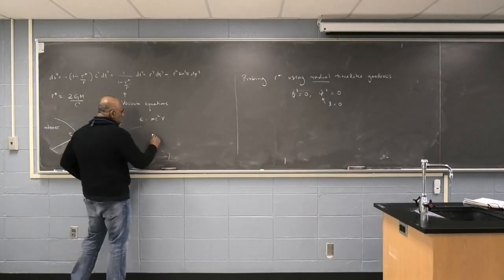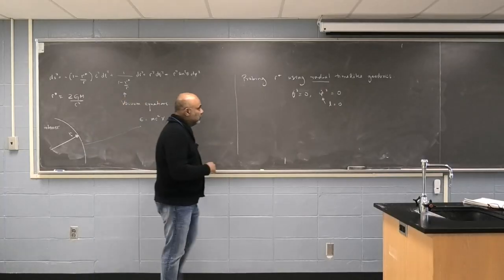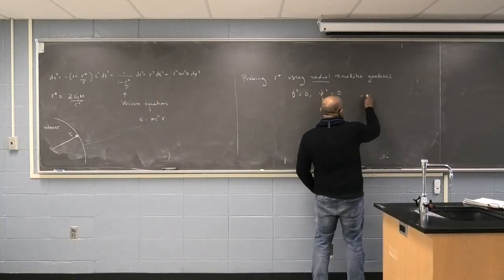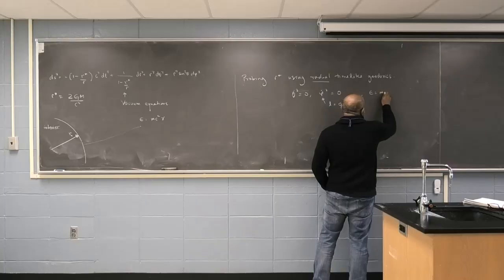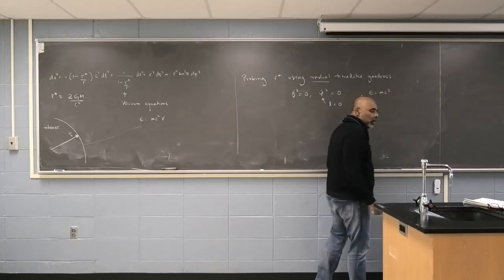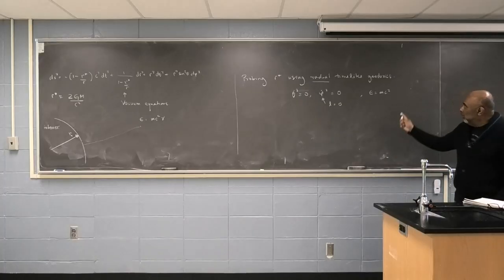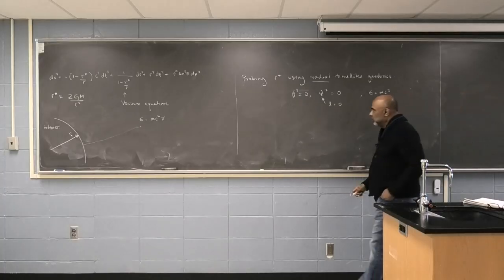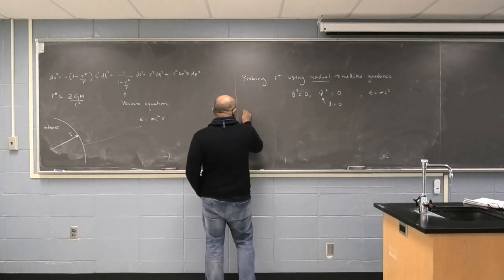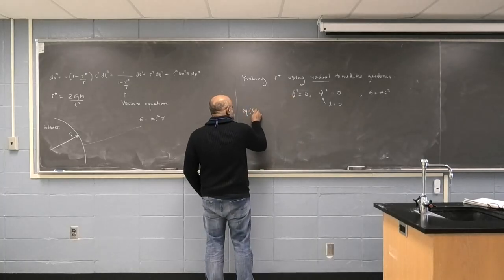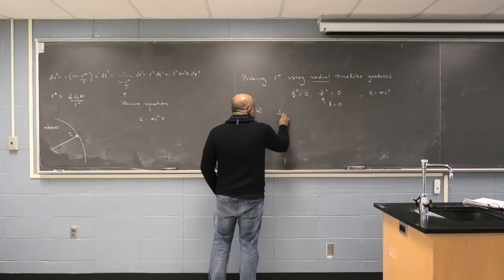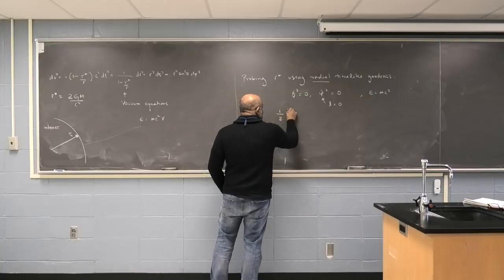So for this particular radial geodesic, I'm going to pick epsilon equals mc squared, gamma is 1. When you put all these conditions into equation 5.4, you will get this very simple equation.